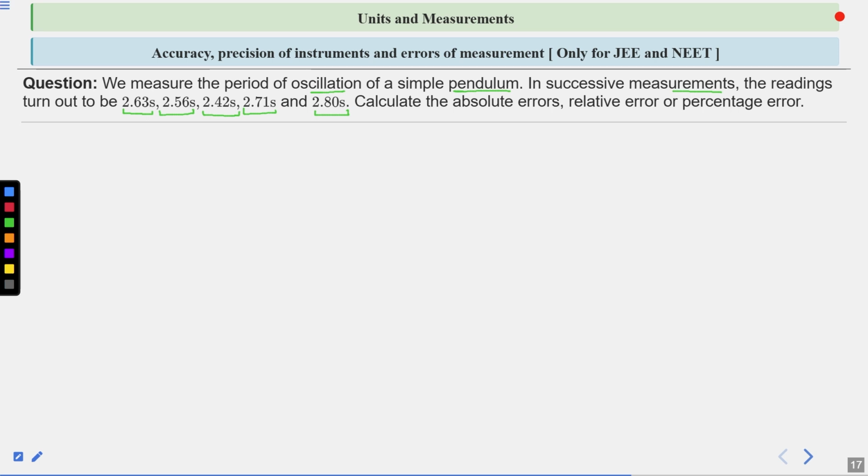So the successive measurement readings are these. You have to calculate the absolute errors, relative error, and percentage error. Please calculate relative error, absolute error, and percentage error.